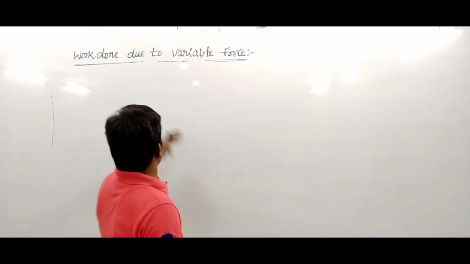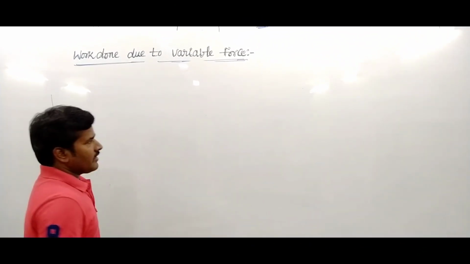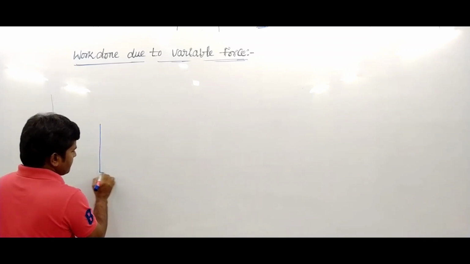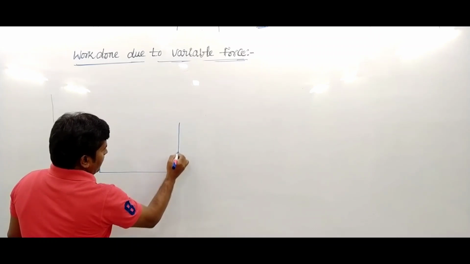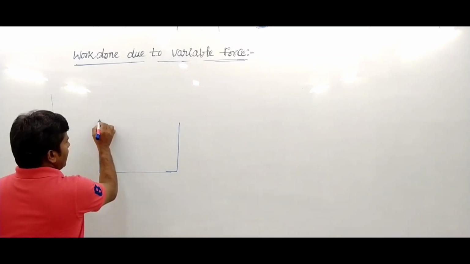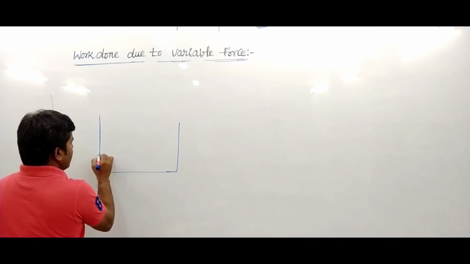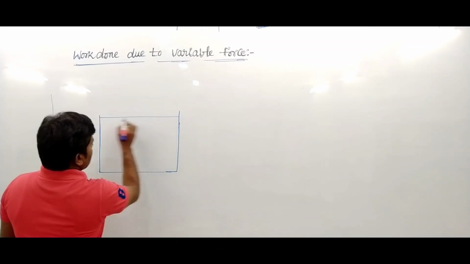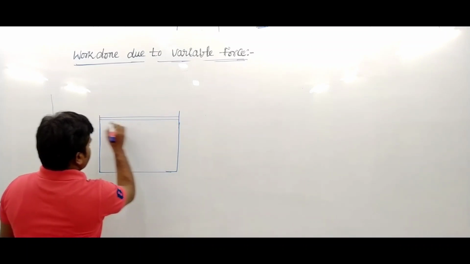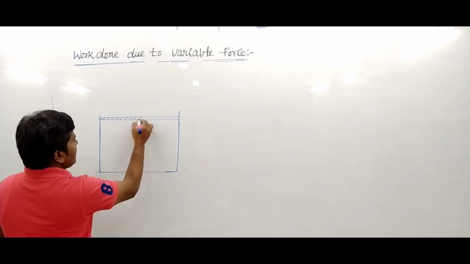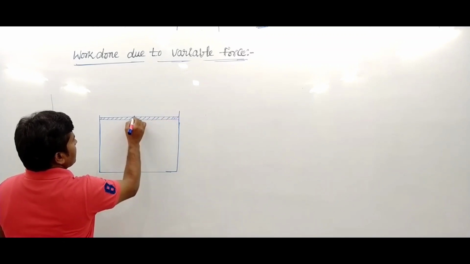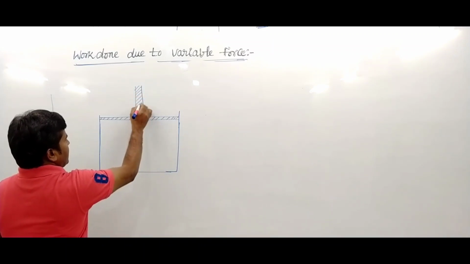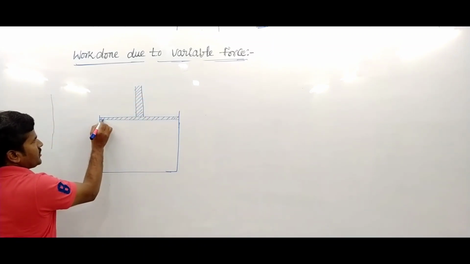Work done due to a variable force: another condition. Suppose a container contains some amount of gas, with a piston of area A. When the piston is pressed, the volume of the gas changes, and the pressure increases.